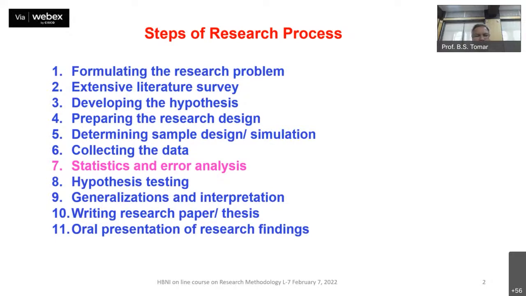So this is for general science researchers who may need to use statistical analysis of their data to arrive at some significant results. In particular, in many cases, we need to arrive at the sample size. That is one of the important aspects. When you do a survey, what should be the sample size?